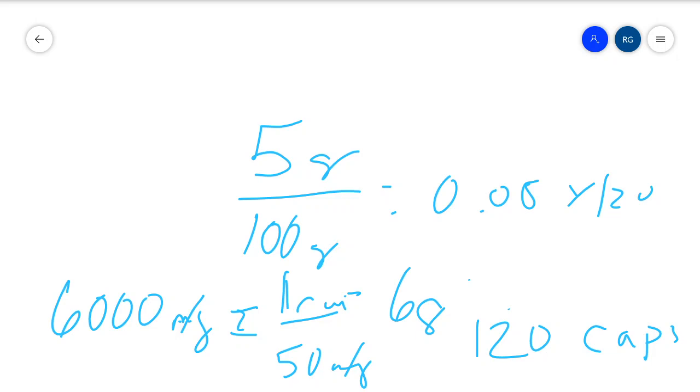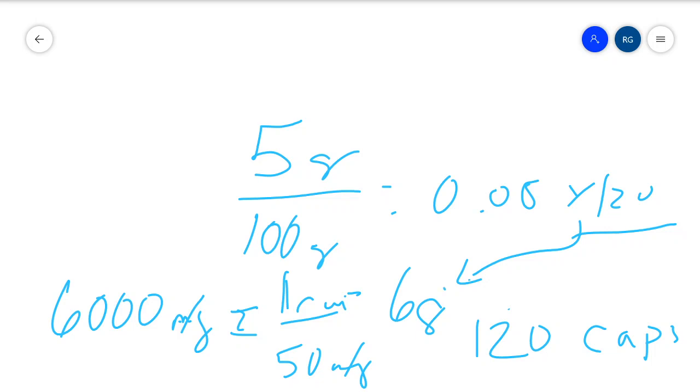So first we need to break down the percent, and to get that we just take off the percent and change it to grams: 5 grams over 100 grams, which gave me 0.05. Then I multiplied that by the total amount that we need, 120 grams. That left us with 6 grams.